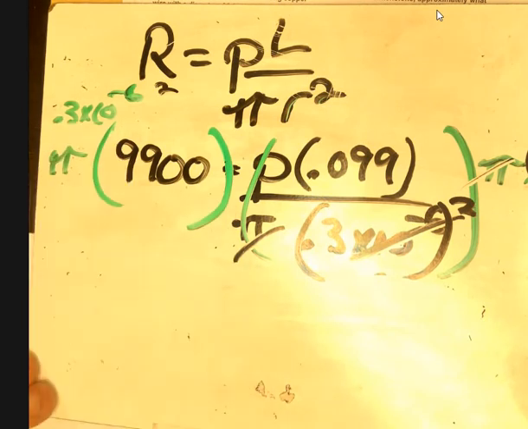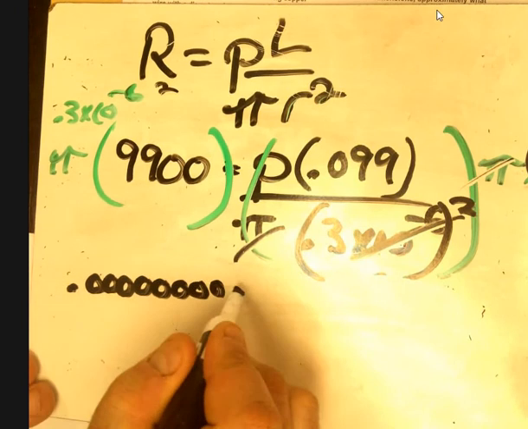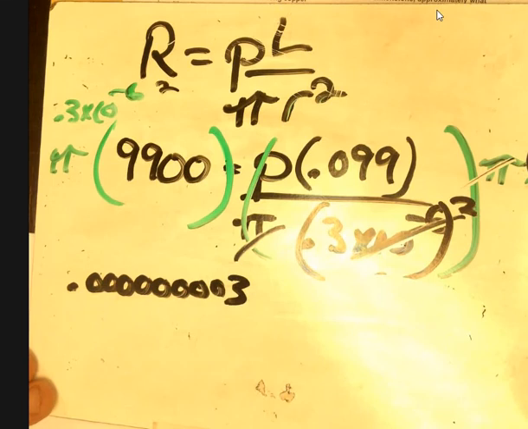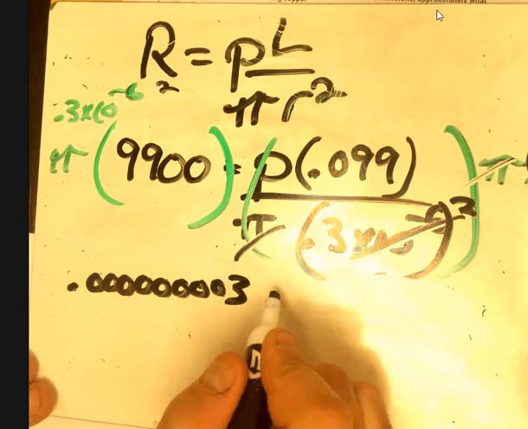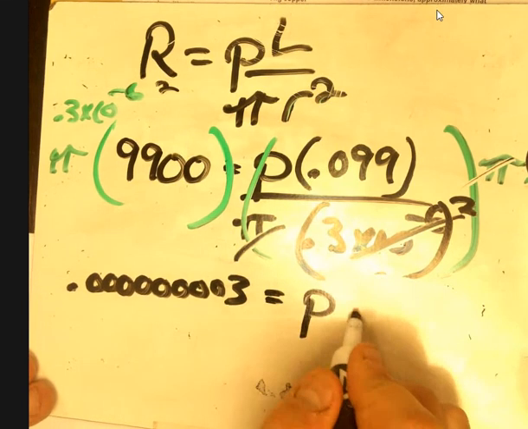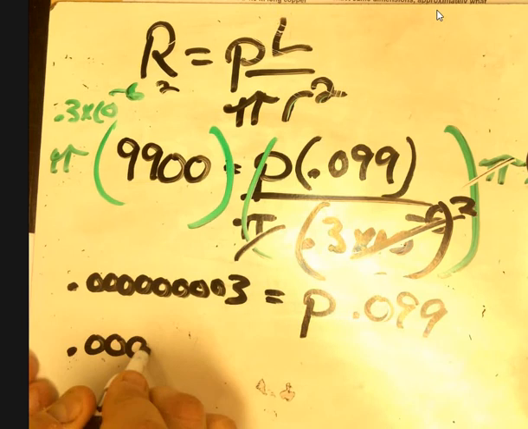Okay, that is 0.123456783. Yep, 8 zeros with a 3 at the end. That equals P times 0.099. And now I divide that by 0.099, and I get 0.1234.